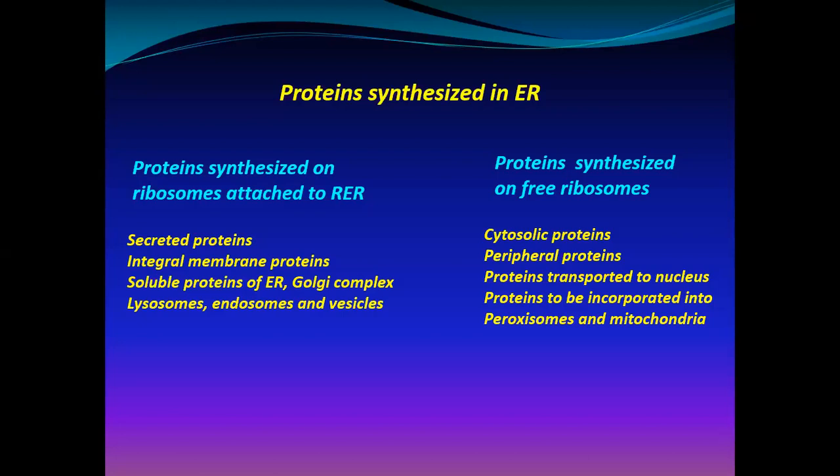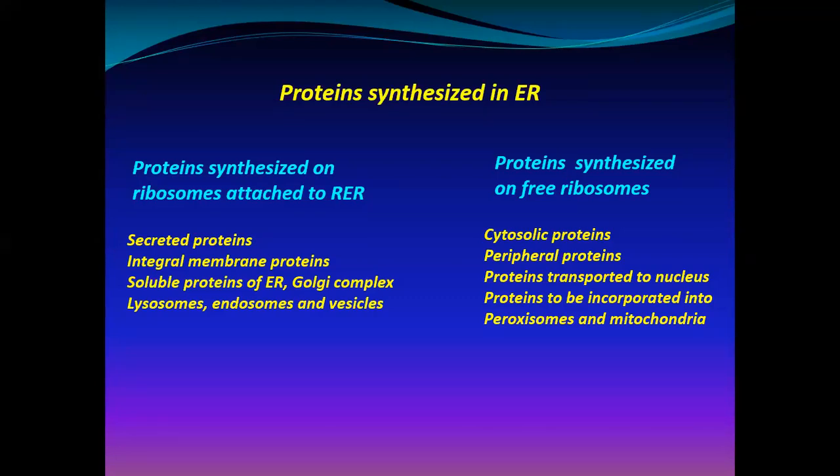Integral membrane proteins usually span across the membrane, and they are called transmembrane proteins, embedded in the lipid bilayer. And soluble proteins of the ER, Golgi complex, lysosomes, endosomes and vesicles are also synthesized in the rough endoplasmic reticulum. On the other hand, when you come to the free ribosomes, they make cytosolic proteins, and you can see the peripheral proteins. It is interesting, isn't it?